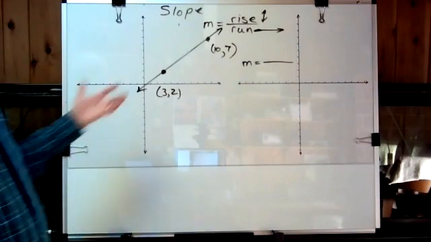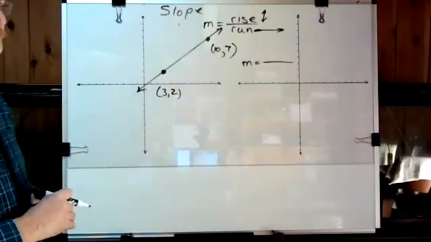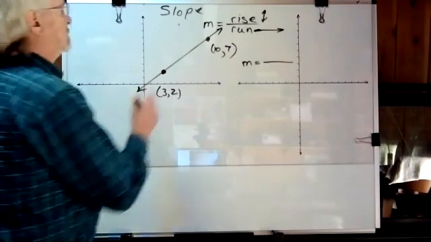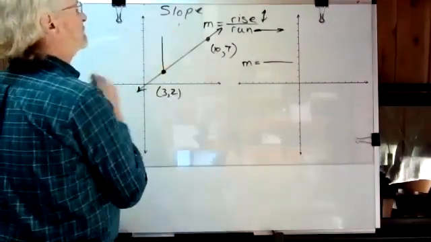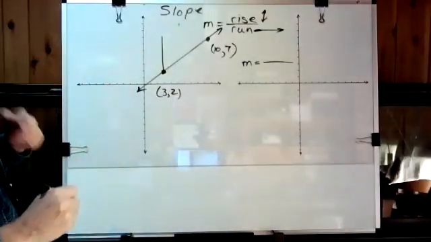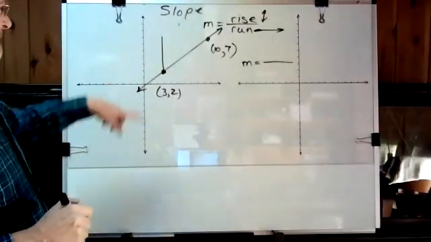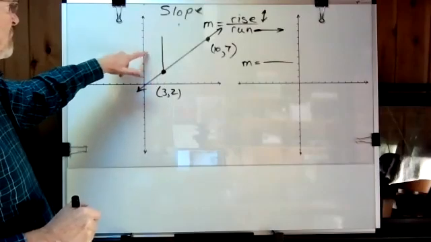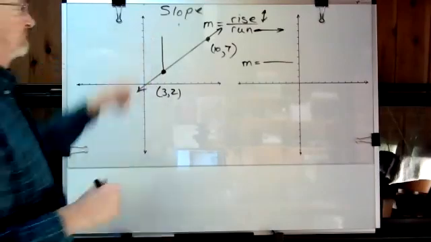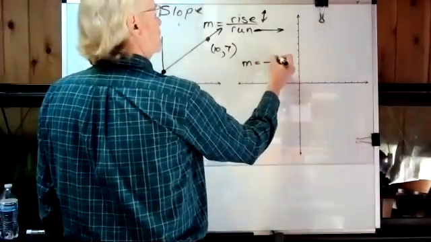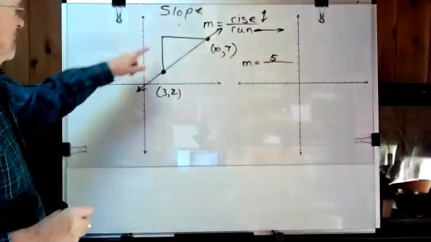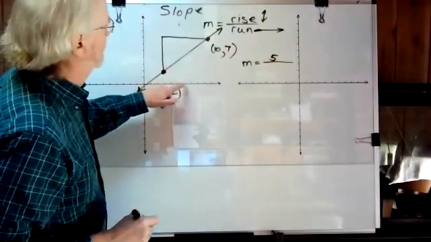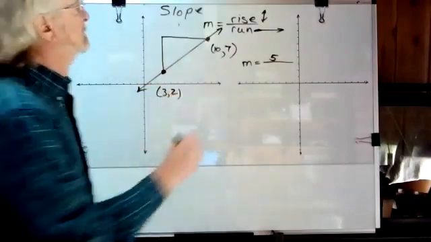First of all, I expect it to be a positive value. How much did I go up from here to here? I went 1, 2, 3, 4, 5. That's my rise. And from here to here, I went 1, 2, 3, 4, 5, 6, 7.